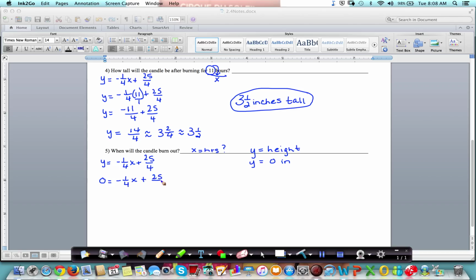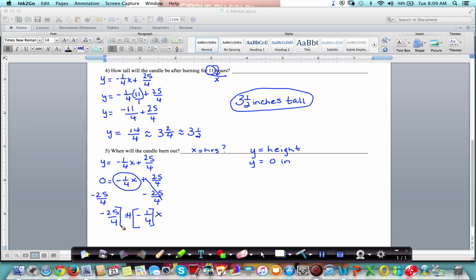So this time we're going to try to get x by itself. This is the term that has the x in it, so I have to detach everything first. I'm going to subtract 25 over 4 from both sides. So I have negative 25 over 4 equals negative 1/4 x. This is canceled out. Then to get rid of my fraction, you multiply by what's in the denominator.